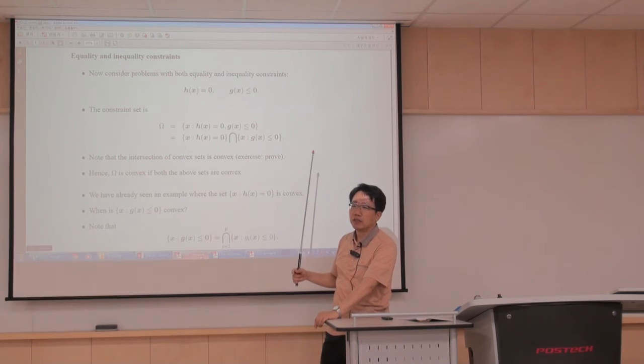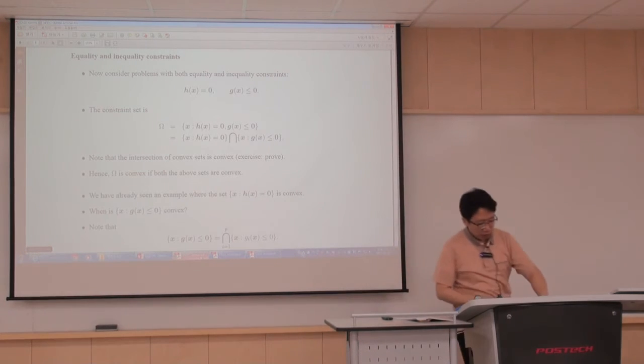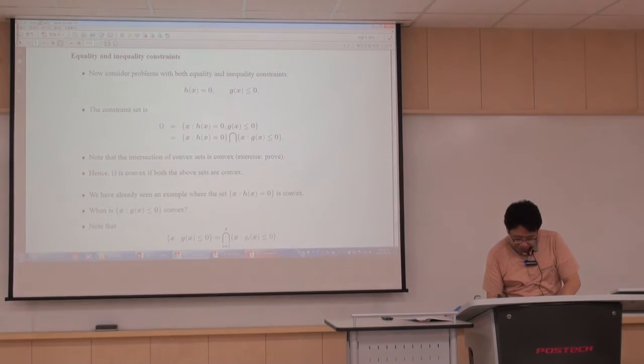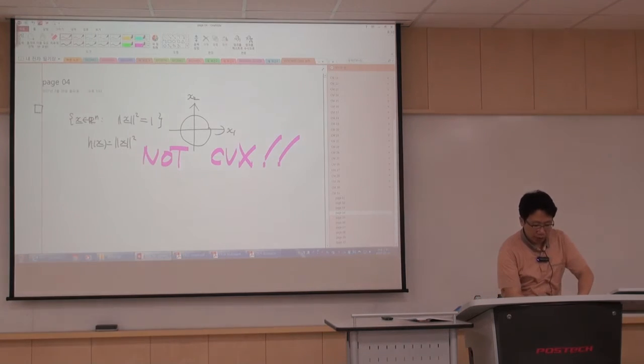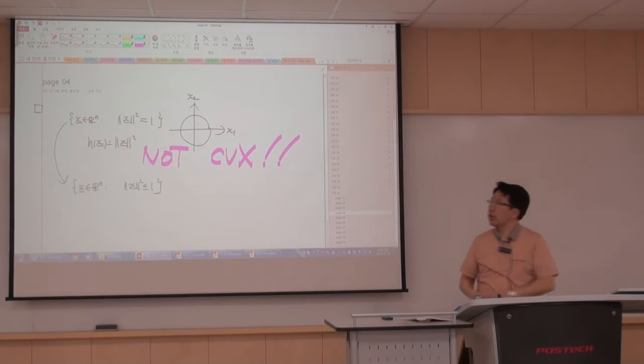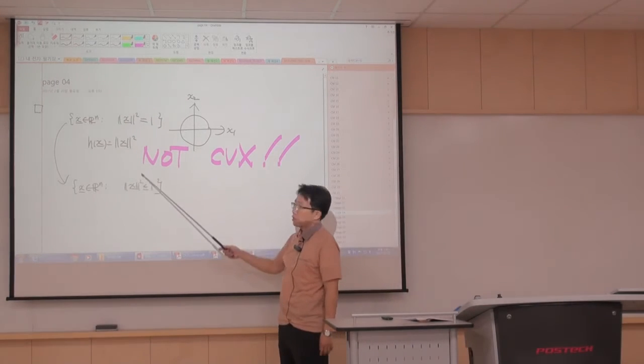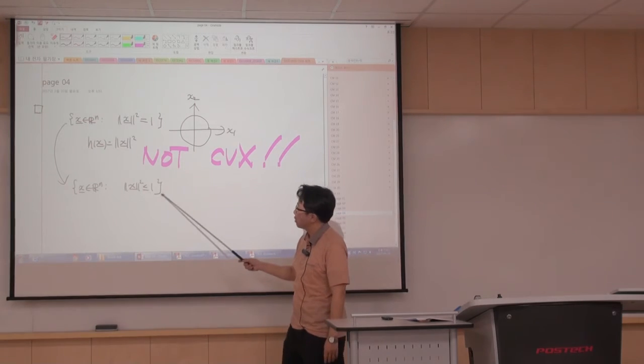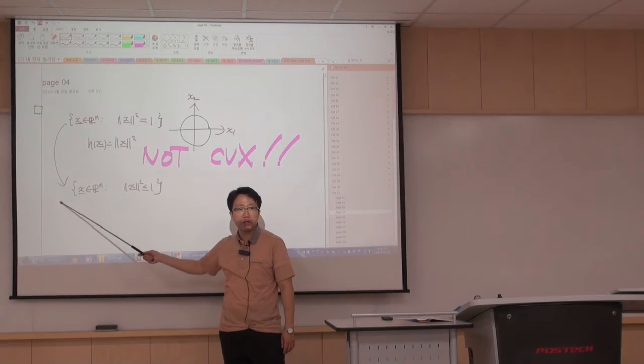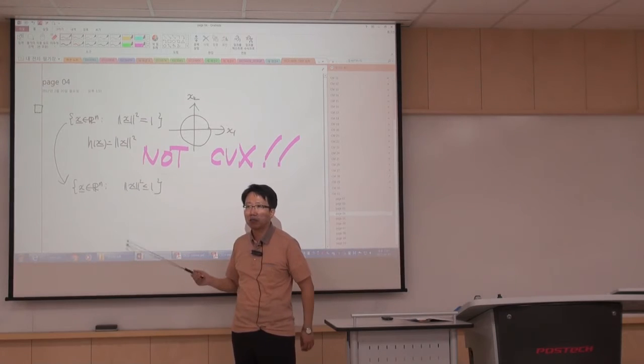Another one is this. Even though you have this constraint, sometimes you may relax this constraint. Like what? Like this. In that case, since this norm square is a convex function, this is a sublevel set of a convex function, which means that this becomes convex.